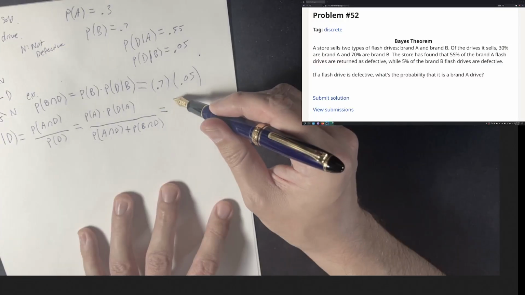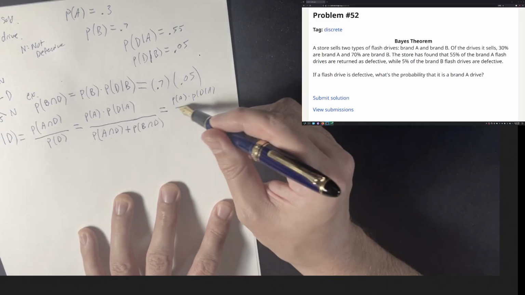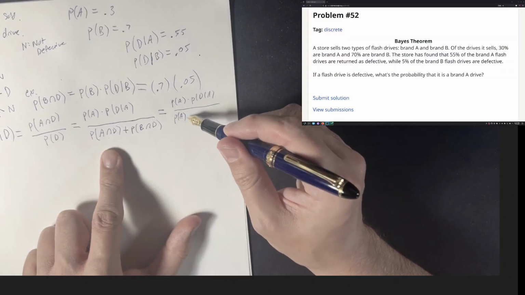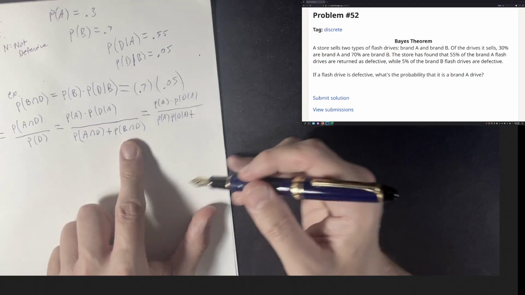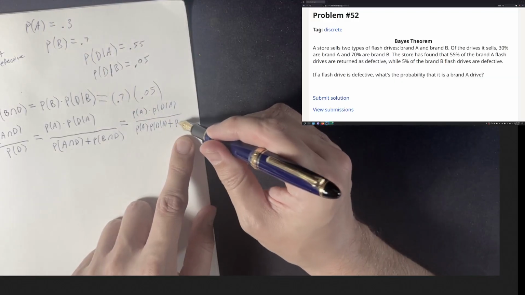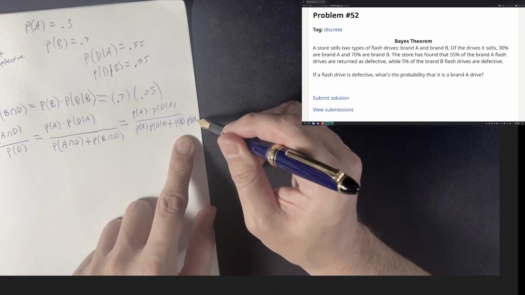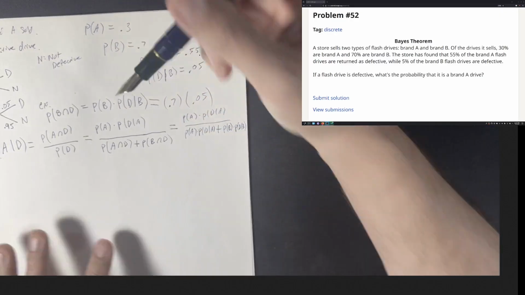I guess I'll just write it here. The top is A times D given A. And downstairs you're going to have that same product show up here, A times D given A, or B times D given B, basically what I just wrote right there.